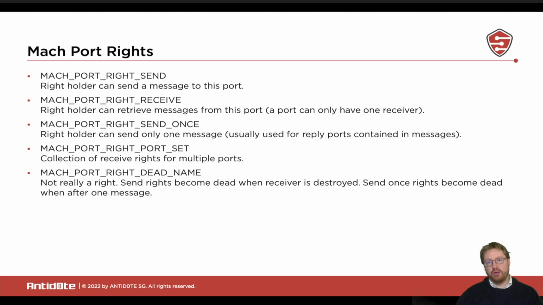There can only be one receiver, so only one task has the receive right, and it means they are kind of the owner of this port. Send once is a special send right that can only be used one time. The idea here is that sometimes, for example with an API, you only want to be able to send one reply. Then you just have a send once right to the reply port so that you can reply only one time.